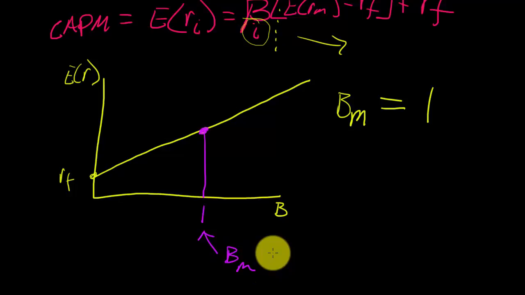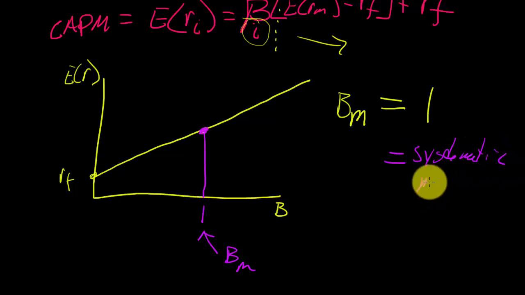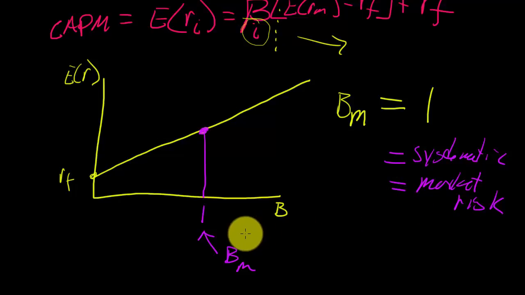The risk of the entire market is 1. If the risk of the entire market is 1, then we can say that 1 represents our systematic or market risk. 1 is the representation of the entire risk of the entire market. It is going to have a very specific expected return: the expected return of the market.